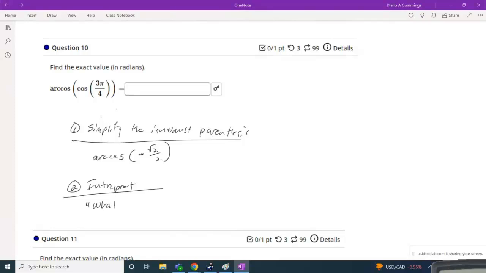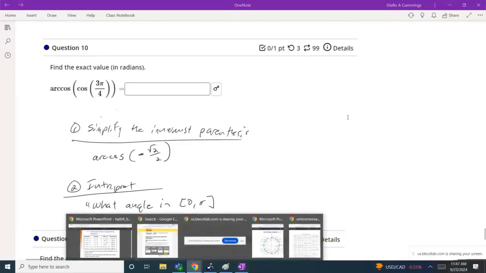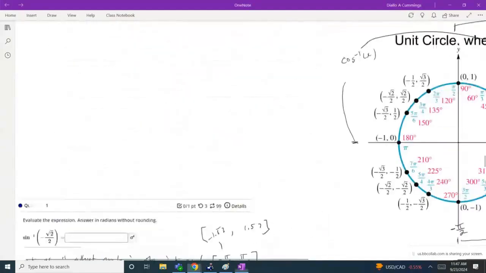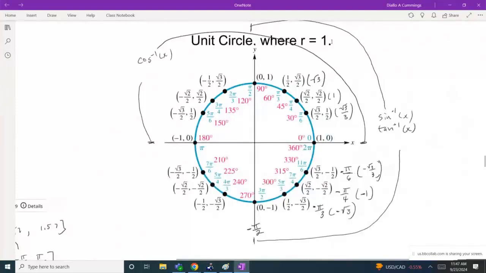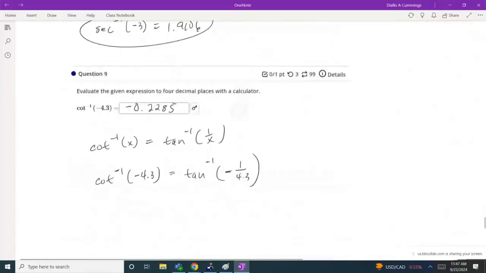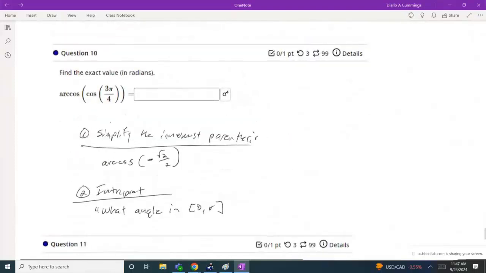What angle in the interval from 0 to pi, keep in mind that the arc cosine runs in the interval from 0 to pi, which is the top part, has a cosine, which is an x value, of negative square root of 2 over 2?